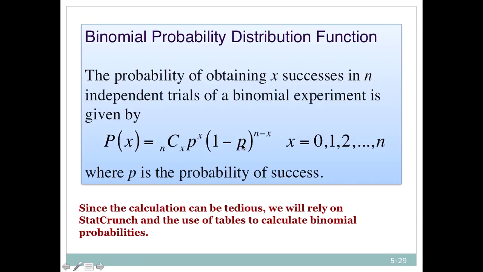Kind of ugly. It's not actually too bad to do by hand, but if you're doing it for a large number of observations, it can be pretty tedious. So we're going to rely on two different ways of doing this. We're going to use StatCrunch to find these calculations, and then I'm also going to show you how to use tables to calculate binomial probabilities.